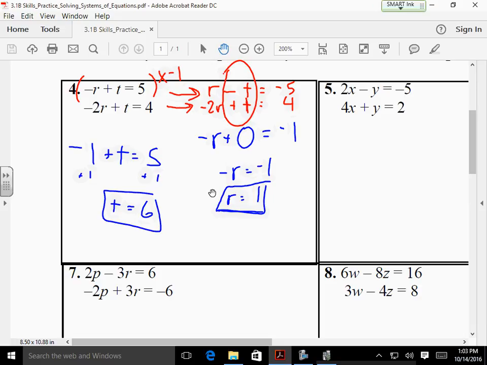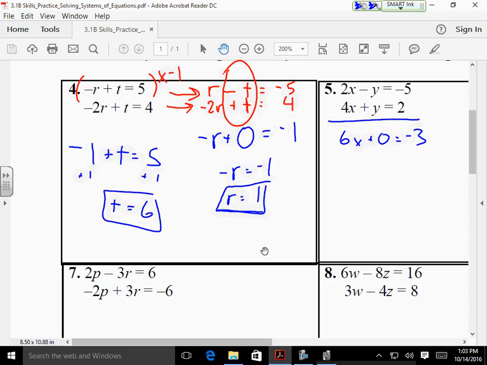Now number 5 is already good, because when you add right now, the y's will cancel. You'll have 6x plus 0 equals -3, and then you can solve for x, plug that back in, and find y.